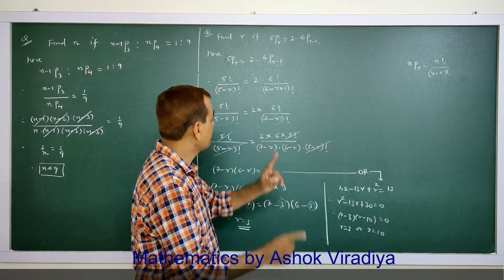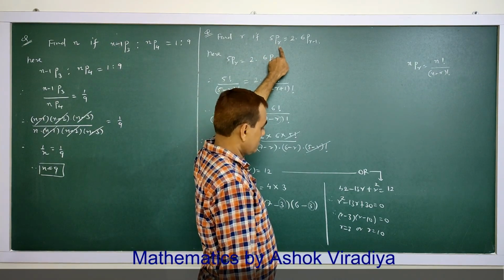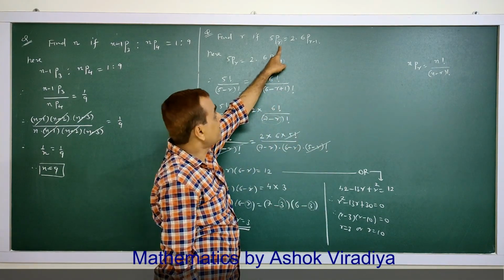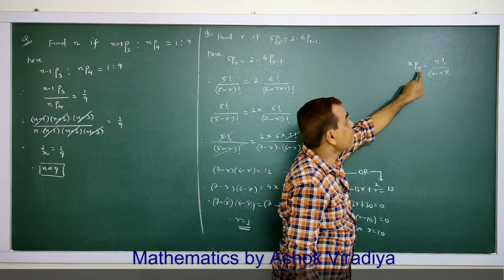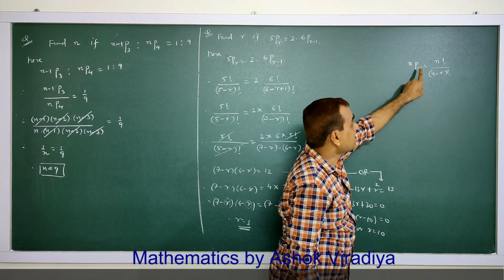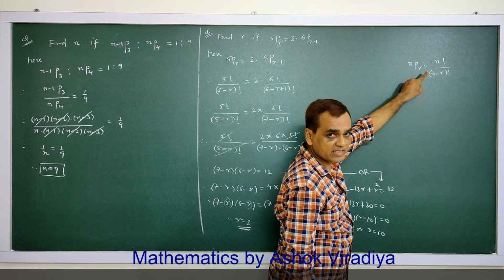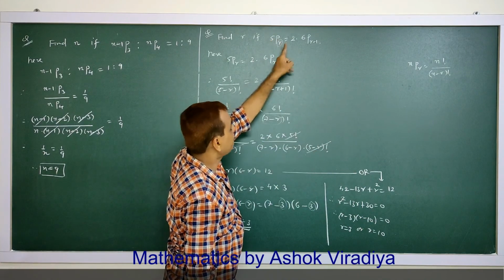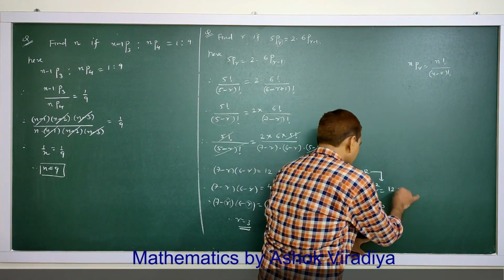But look, in the question, this term is 5Pr, so this number should not be greater than this number. Remember, in nPr, the maximum value of r is n. It cannot exceed n. Because r equal to 10 is more than 5, this is not defined.